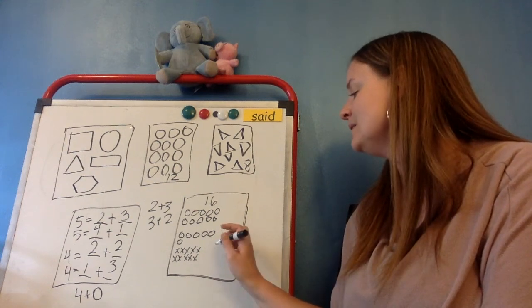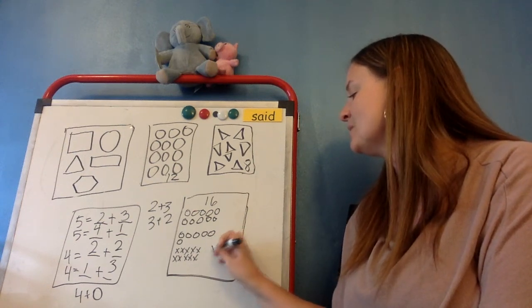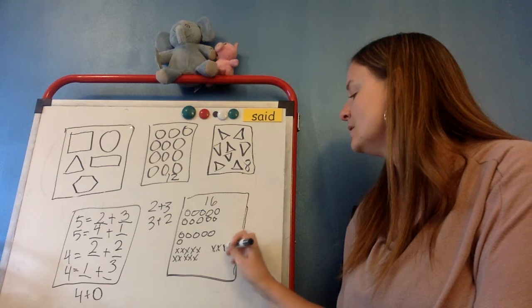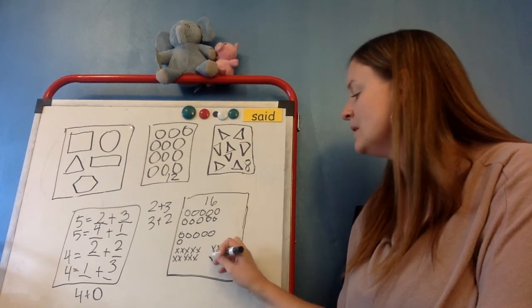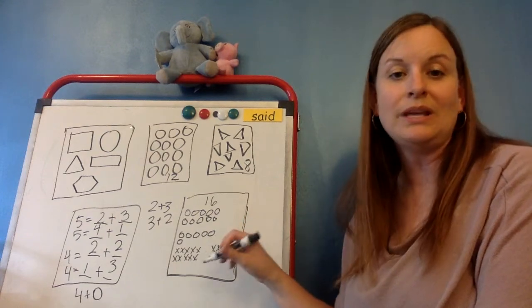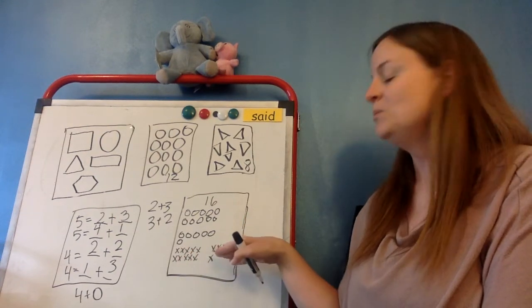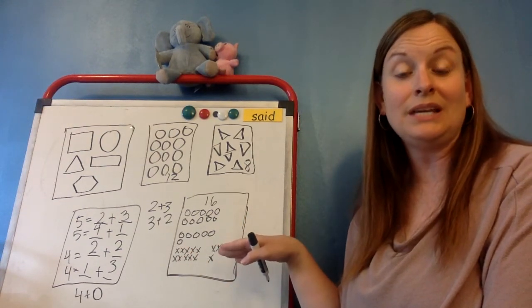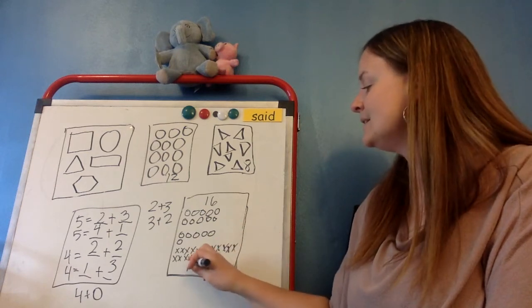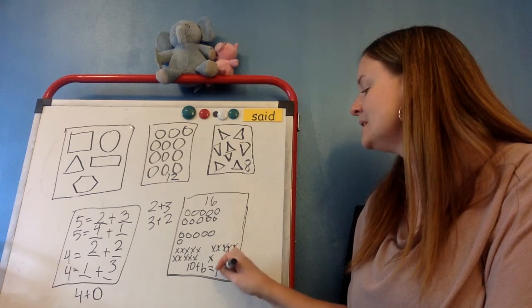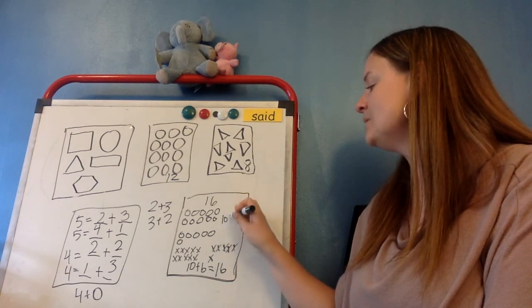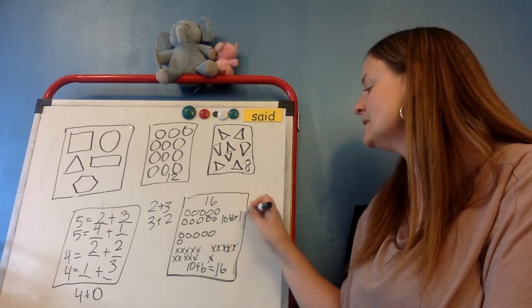Then this one, I'm going to leave my space here, and I'm going to draw my ones over here. So I drew the 5 on top, the 1 on bottom to show 6. So I would say 10 plus 6 equals 16. And you would write, sorry, I should have written that, 10 plus 6 equals 16. And up here we could write 10 plus 6 equals 16.